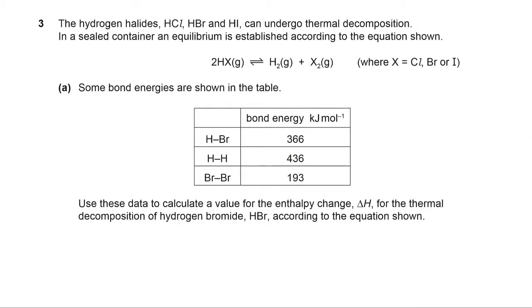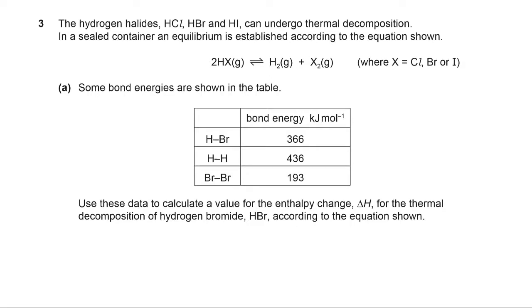Okay, so in this question, the hydrogen halides HCl, HBr, and HI can undergo thermal decomposition. In a sealed container, an equilibrium is established according to the equation shown. You have 2 mole of HX producing hydrogen and X2 as a diatomic molecule. This reaction is a reversible reaction, and these X could be chlorine, bromine or iodine atoms.